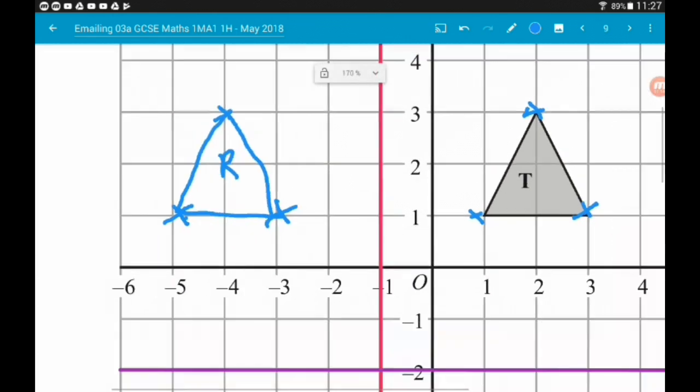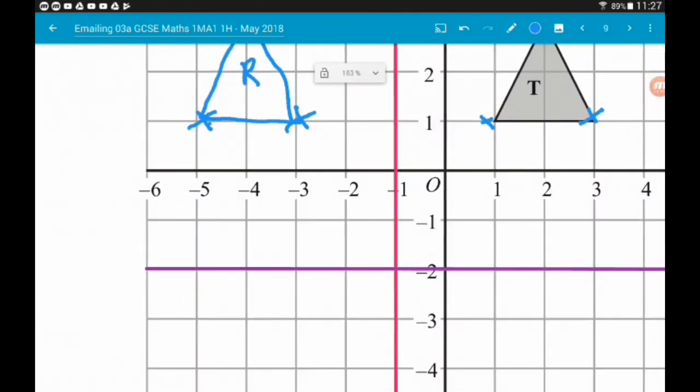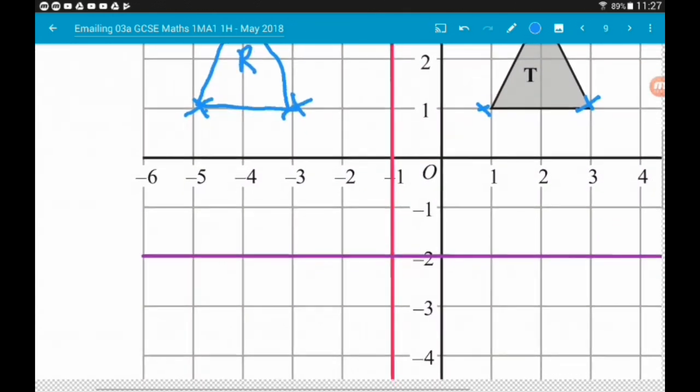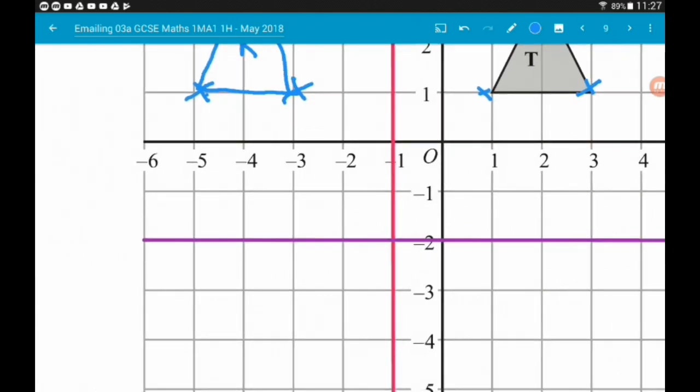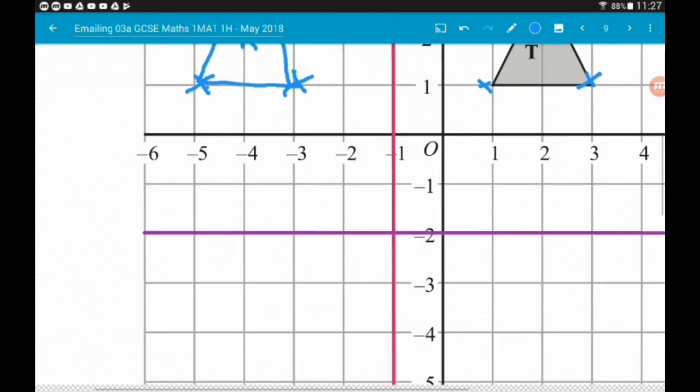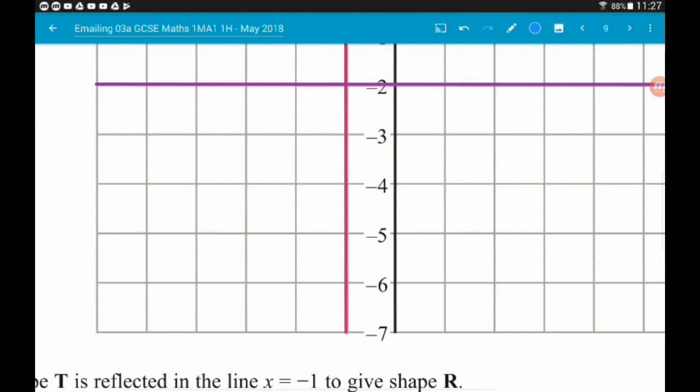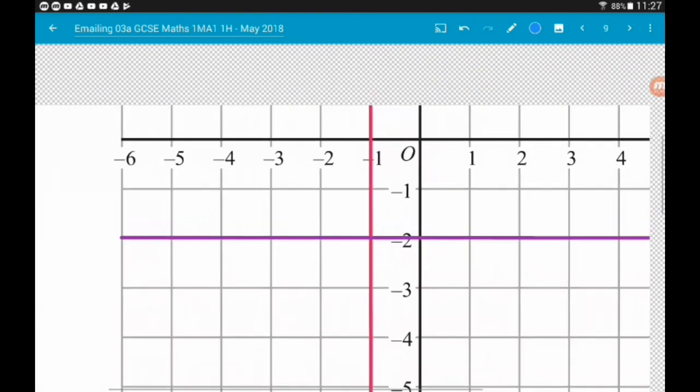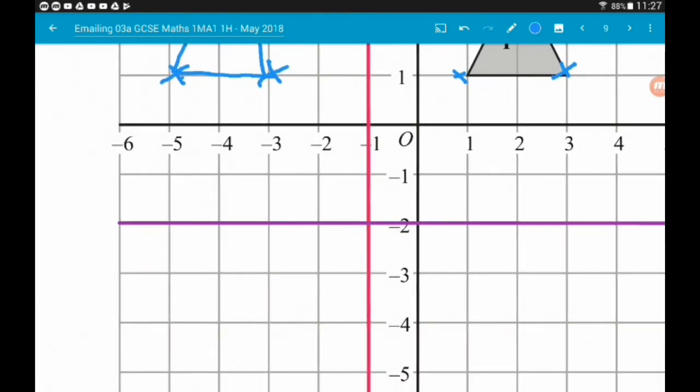So that now reflects down through the purple line. So if we start with the bottom left point of R, that is 3 places above. So it's going to reflect to 3 places below, directly below.